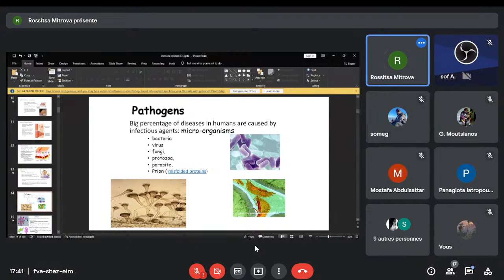Pathogens. A big percentage of disease in humans is caused by infectious agents, different microorganisms that can be bacteria, viruses, fungi, protozoa, parasites, even prions, small particles of misfolded proteins of the host.